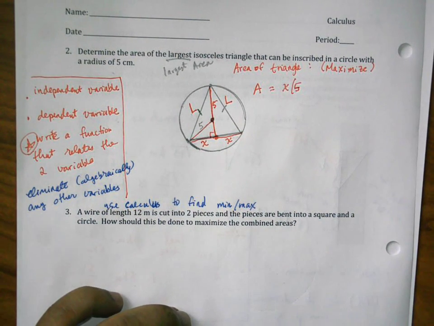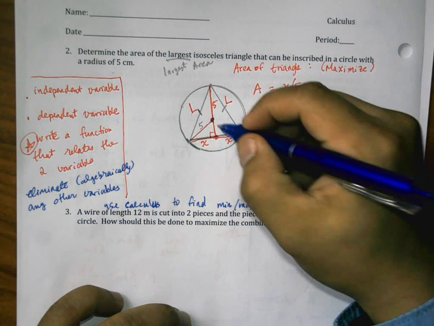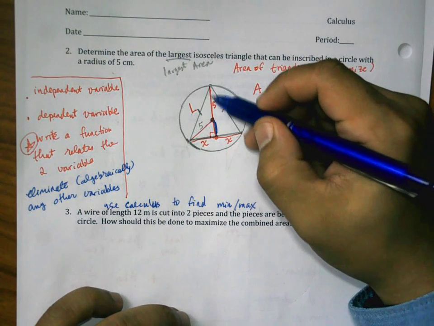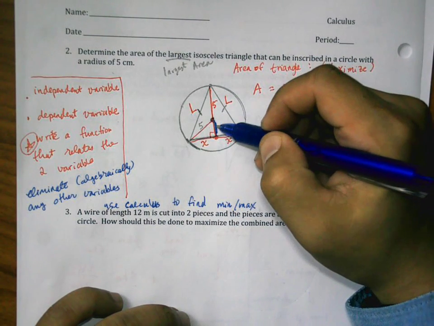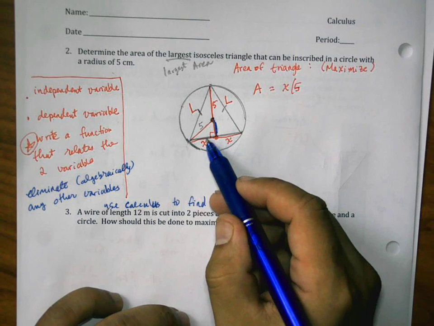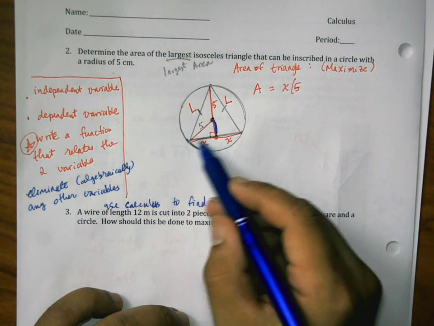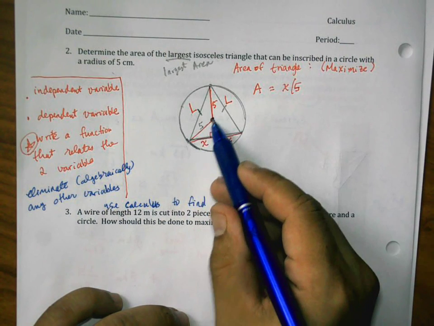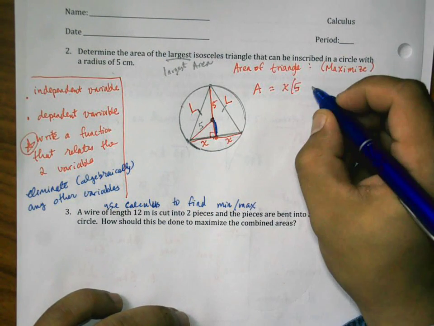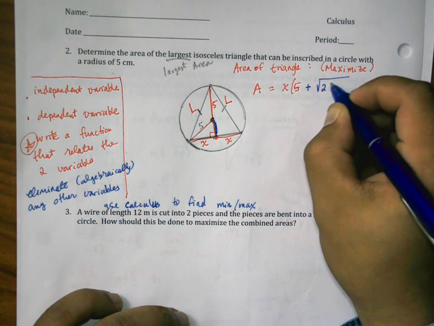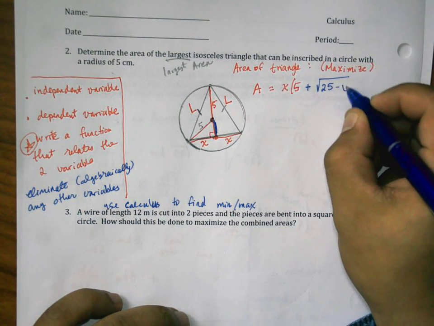Times whatever this little length is right here, or plus, I'm sorry, the height is 5 plus this length right here, but this length right here forms a nice little right triangle with this section and this section, which is also the radius. So this is plus the square root of 25 minus x squared.